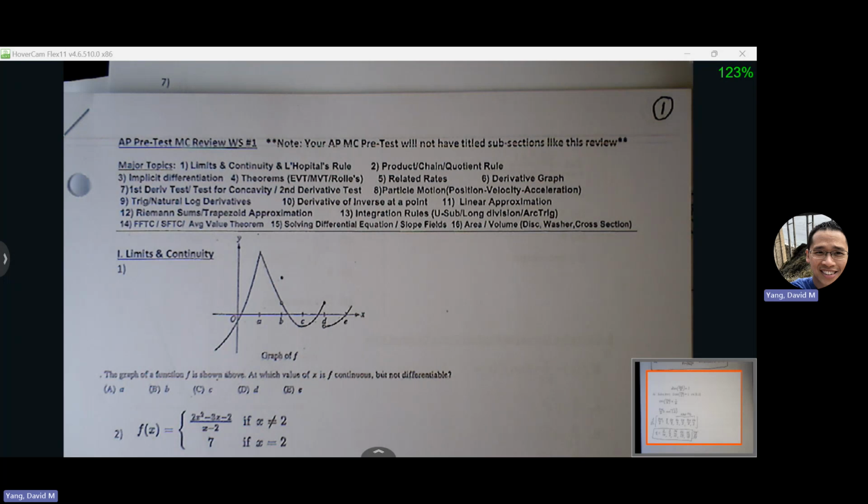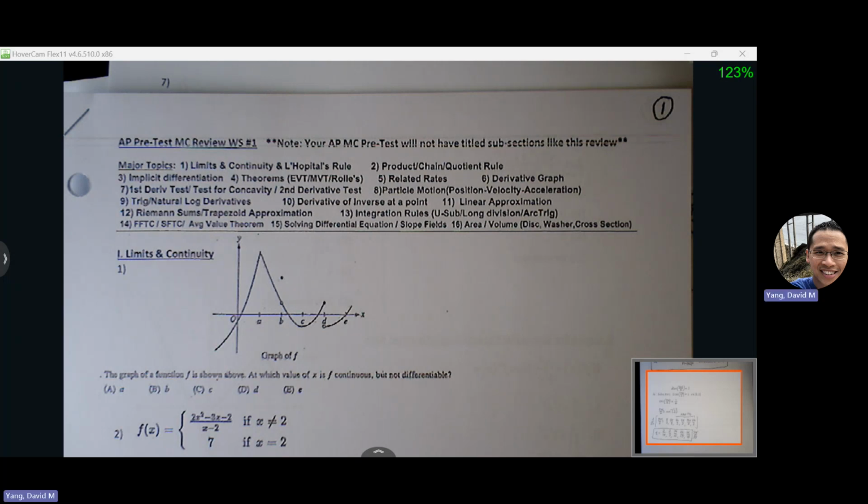There's no long division. The most you've got to do is synthetic division, or trig. First theorem, second theorem, average value theorem, solving differential equations, being able to work with slope fields, and then our final topic for this semester was area and volume, finding area, finding volume using disk, washer, or cross section.